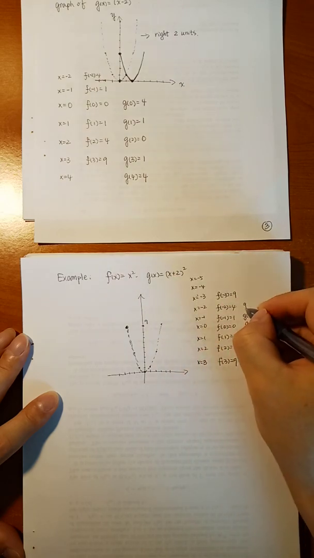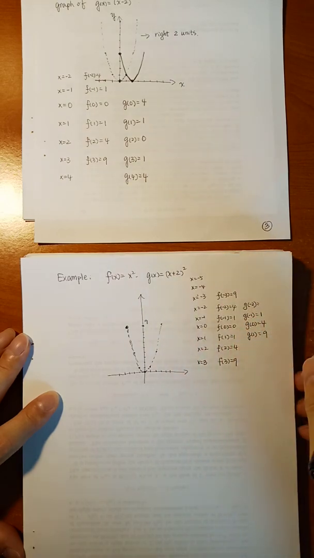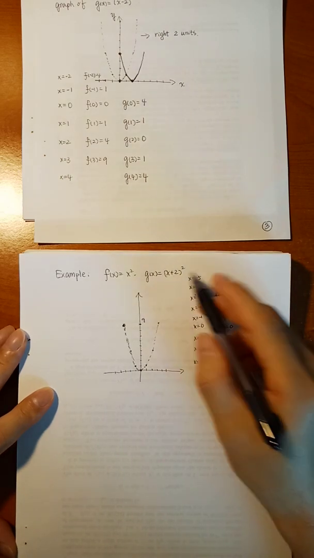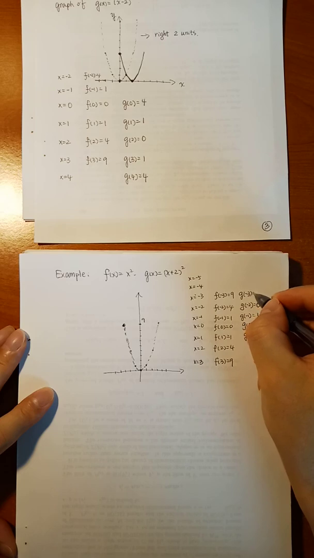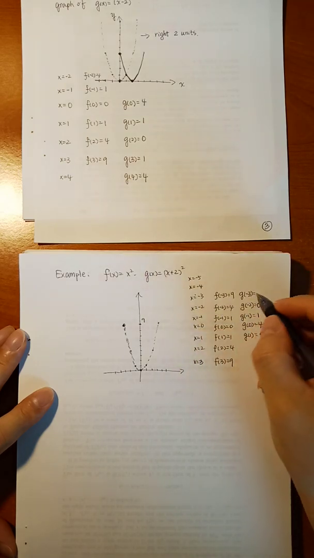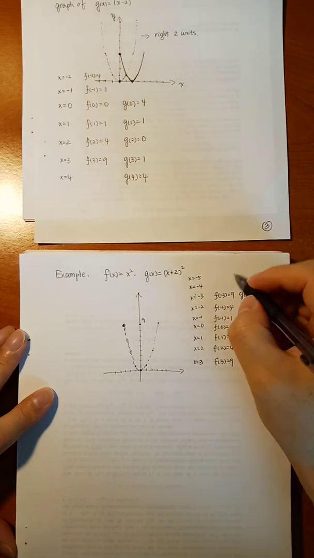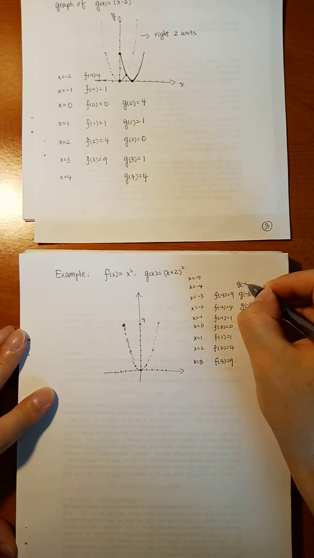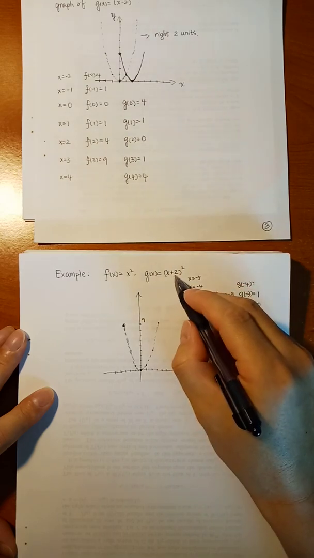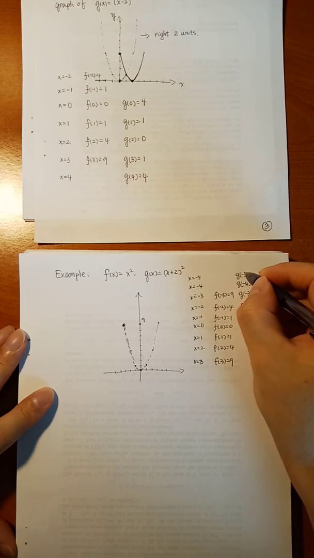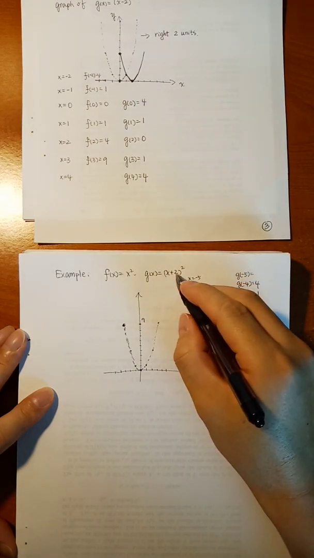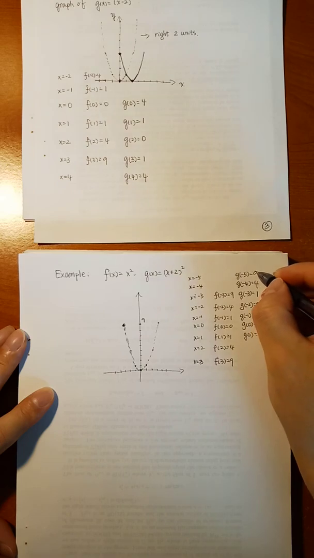G of negative 2, negative 2 plus 2 is 0, 0 squared is 0. G of negative 3, negative 3 plus 2 is negative 1, negative 1 squared is 1. G of negative 4, negative 4 plus 2 is negative 2, squared is 4. G of negative 5, negative 5 plus 2 is negative 3, squared is 9.